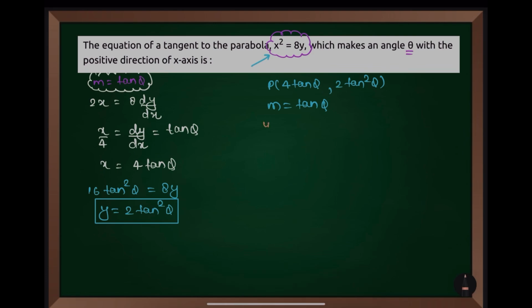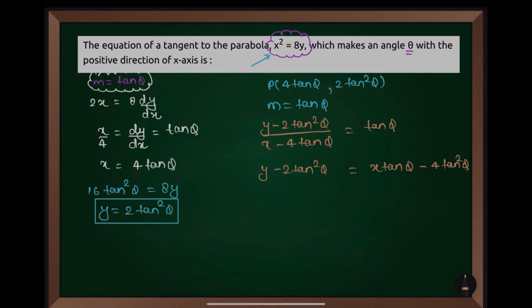So can I write (y minus 2 tan square theta) by (x minus 4 tan theta) equals to slope tan theta. Now can I go for cross multiplication? So y minus 2 tan square theta is equal to x tan theta minus 4 tan square theta.